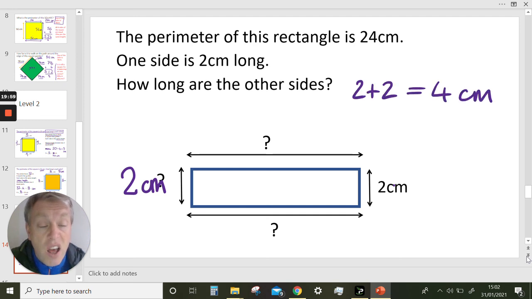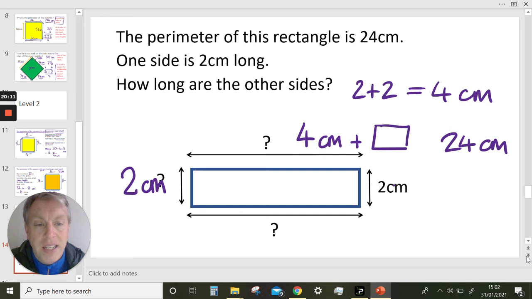And I know that all together the sides have got to add up to 24 centimetres. So far, 4 centimetres add something makes 24. Okay, 4 add 20 centimetres is 24 centimetres.